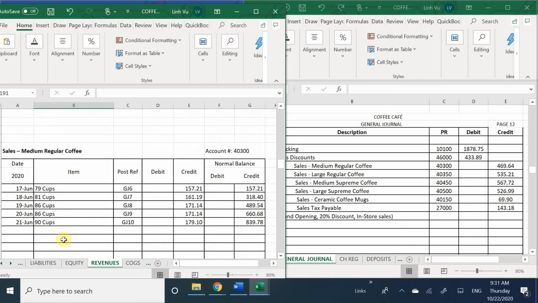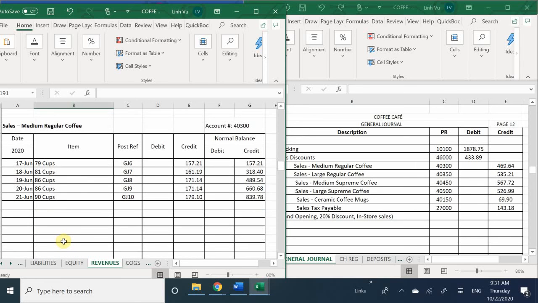Okay. Next. So list down the medium coffee, medium regular credit. How many cups? 236 cups.